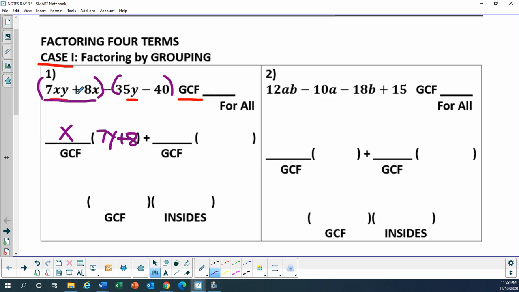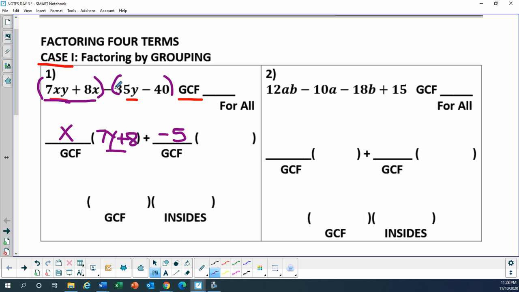Since I wanted the inside number to be similar to this, I know the number 40 needs to be 8, and the 35Y needs to be 7Y. So I know by just looking at the numbers, it has to be negative 5 that I'm taking out.